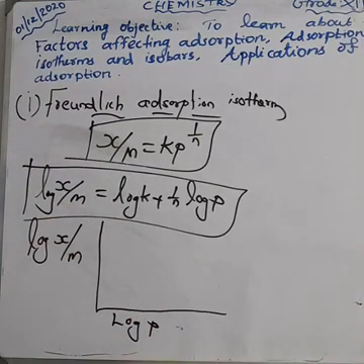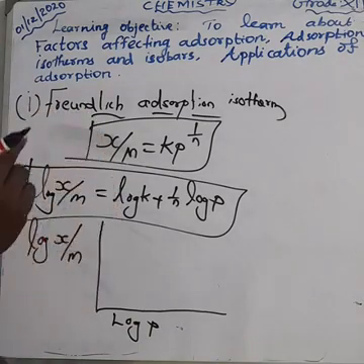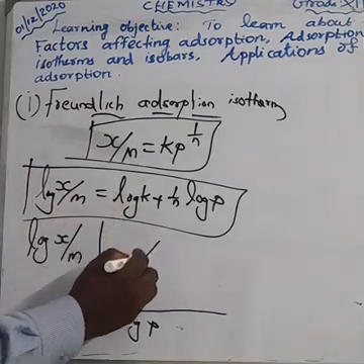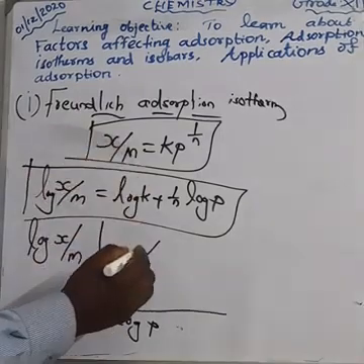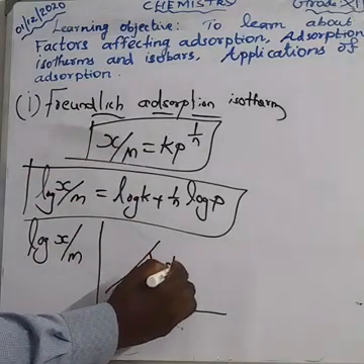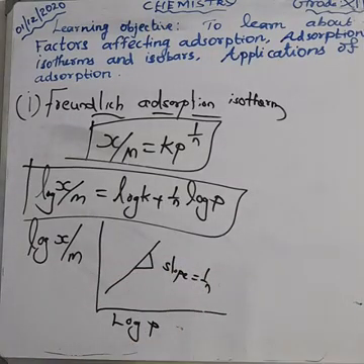Here we get one straight line with a slope. The intercept represents the value of log k, and the slope is 1 by n. The intercept gives k and the slope gives 1 by n.